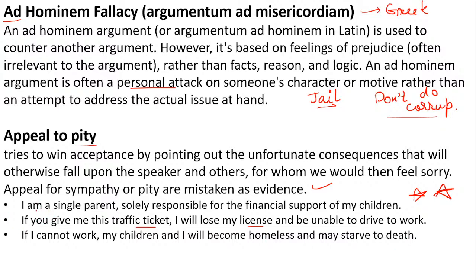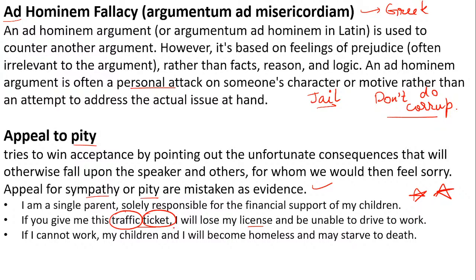What is the fallacy? Appeal to pity. Here we are using sympathy and pity instead of evidence. They are taken as evidence. So this person who is getting this traffic ticket, or penalty, maybe he was driving wrong. That is his problem.